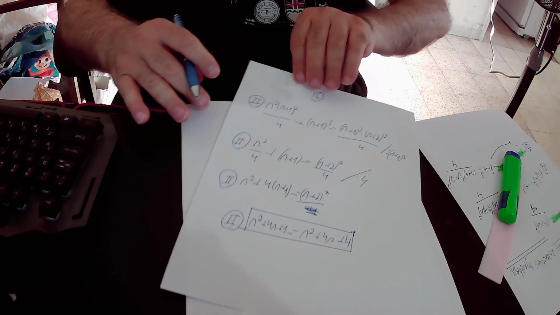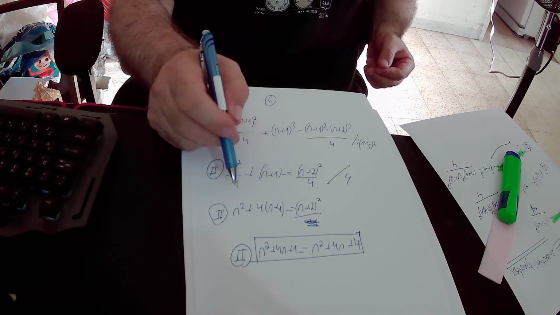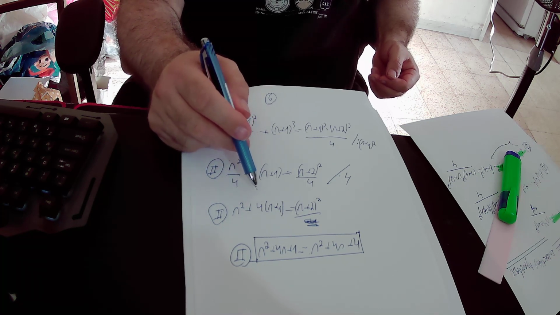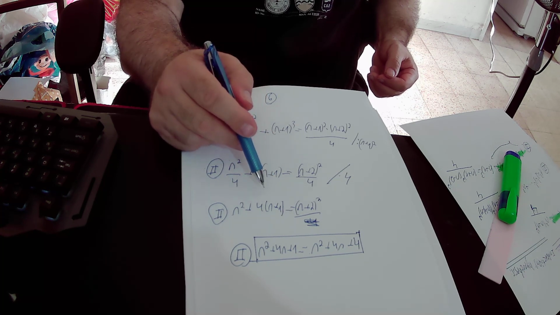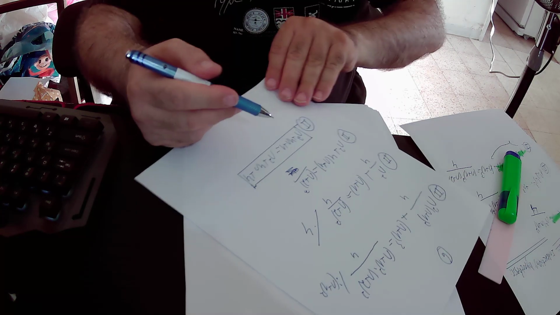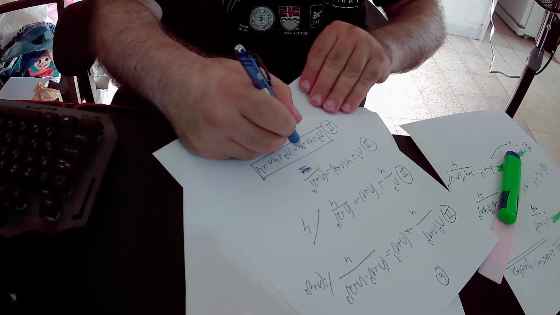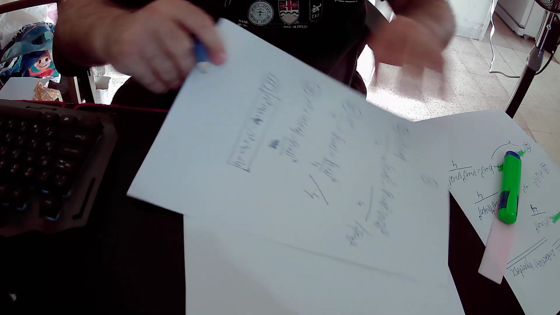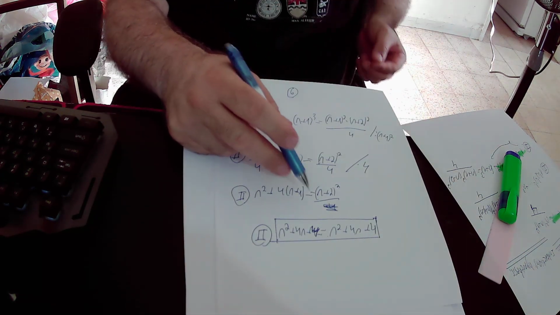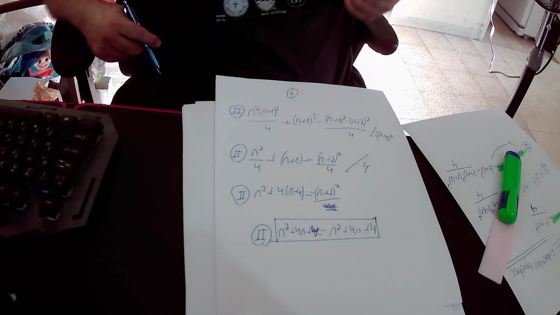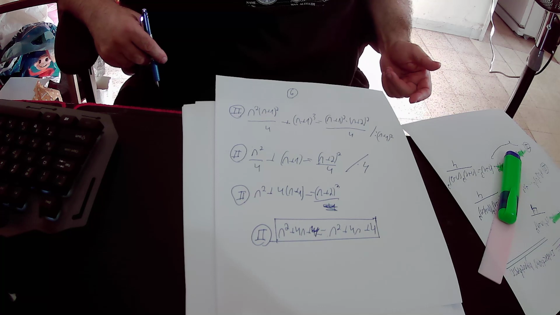So after we open the brackets, we got n squared, and 4 times n is 4n, 4 times 1 is 4, and on the other side of the equation is n plus 2 squared.